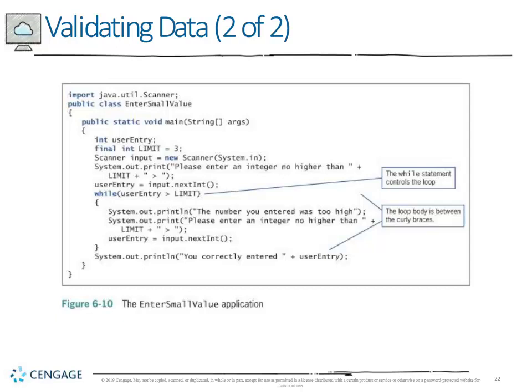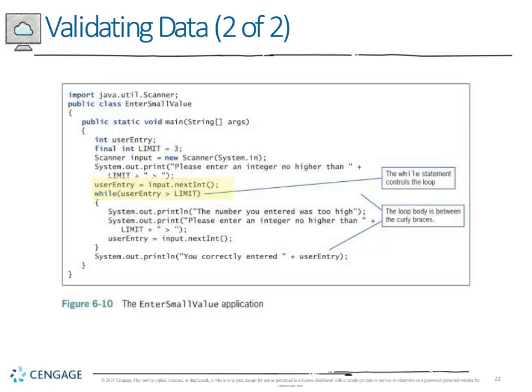The loop can be used for validating input data. Validating data is the process of ensuring a value falls within a specified range. For example, suppose we require a user to enter a value no greater than 3. This figure shows an application that doesn't progress past the data entry loop until the user enters a correct value.